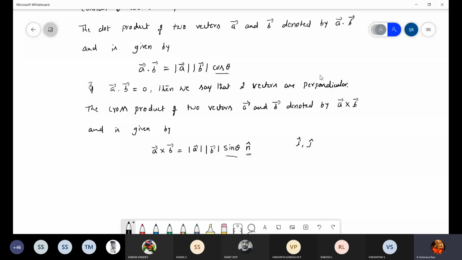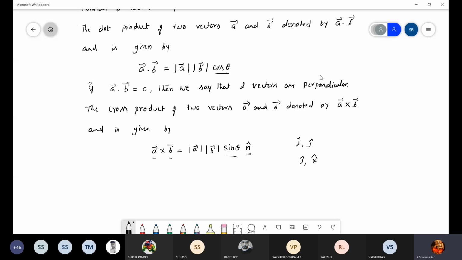I stands for x-axis, J stands for y-axis, so the z-axis is perpendicular to both. Similarly for J and K: J is y-axis, K is z-axis, so the other axis is the x-axis, which is I cap. So n cap stands for a vector which is perpendicular to both A and B. So it will come as one extra term in cross product.